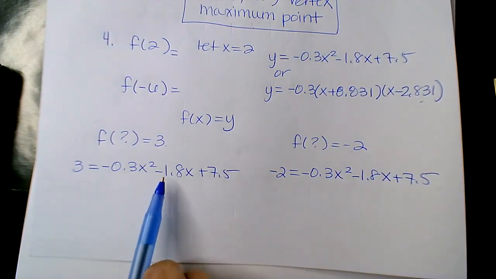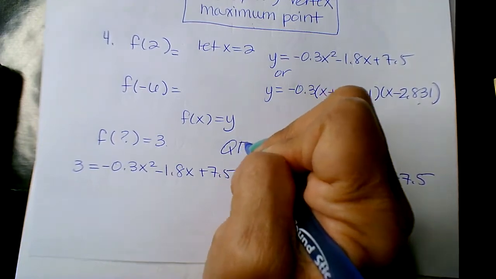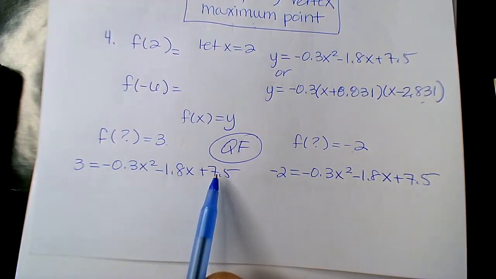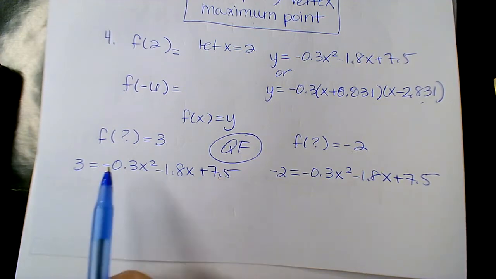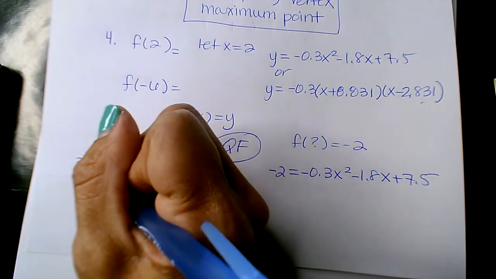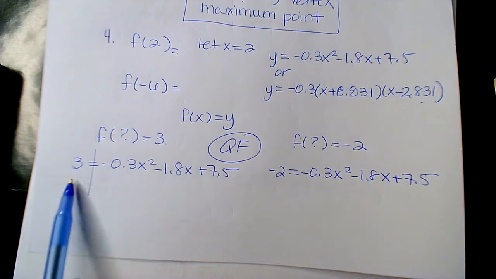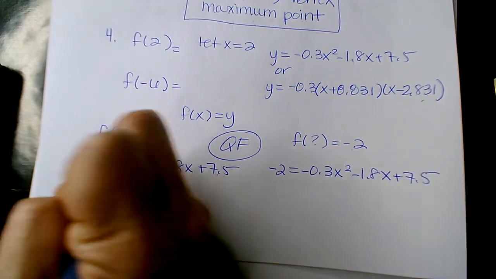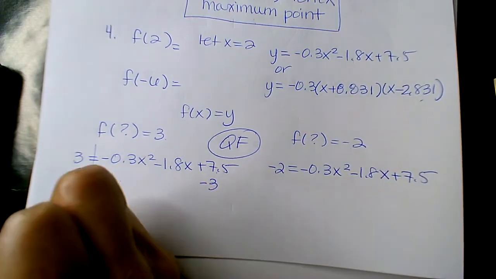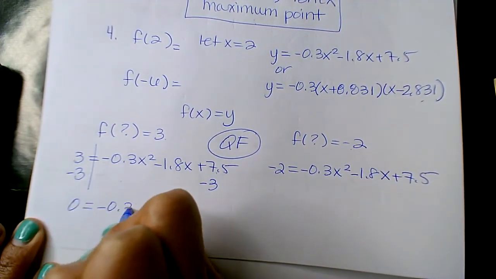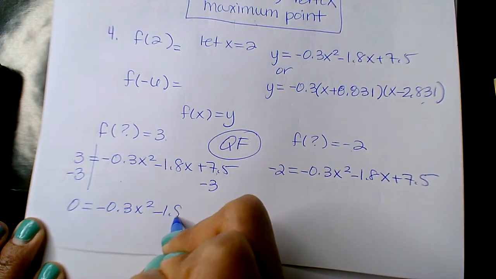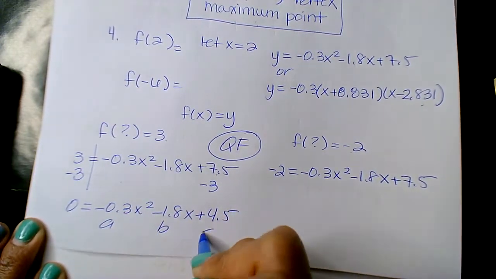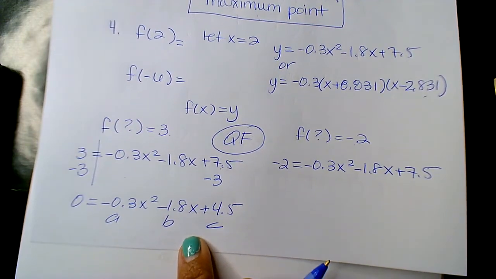All right, you're going to use quadratic formula here. You need to take that constant and combine it. So if you're going to inverse operate, because this is your equal sign, when you jump the equal sign, you switch the sign. So negative 3. So you're going to end up with, and so this is A, B, C for you to plug into the quadratic formula.